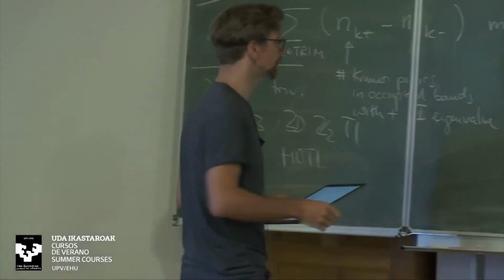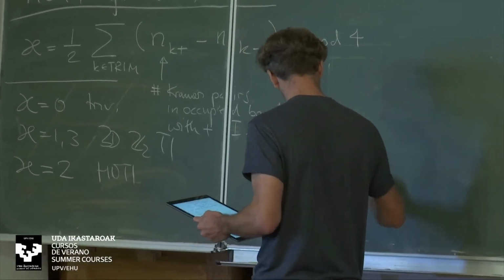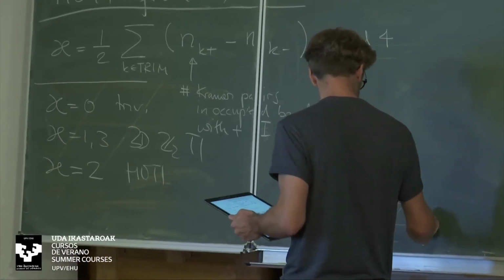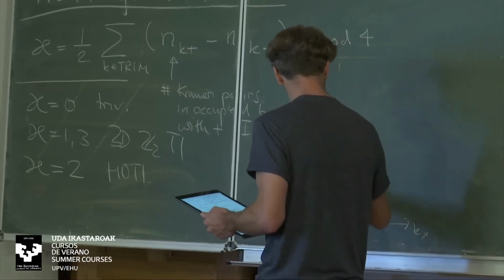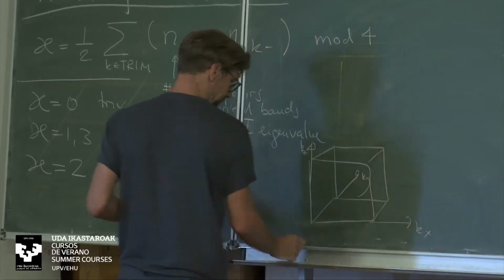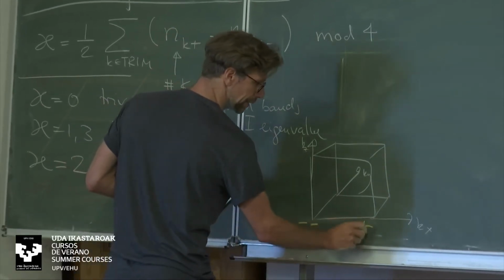So you could, for instance, if you think about the Brillouin zone, you have 2 Kramers pairs of occupied bands. So if that's like, you know, Kx, Ky, Kz, and then if you mark the eigenvalues, so minus, minus, and here you get plus, plus.